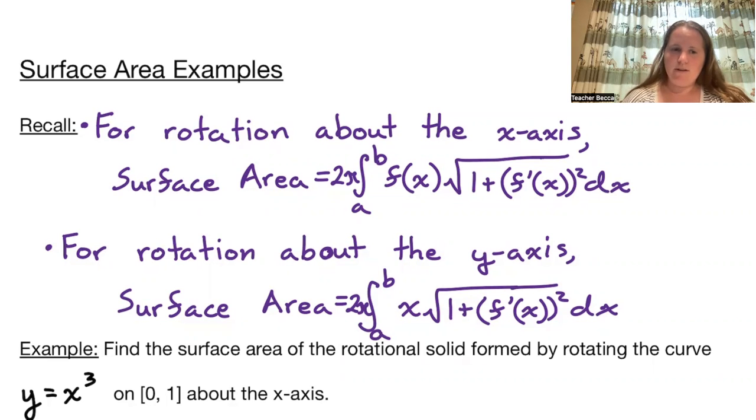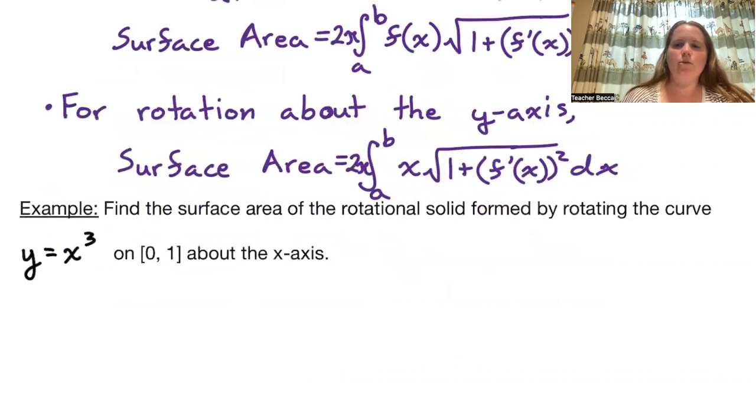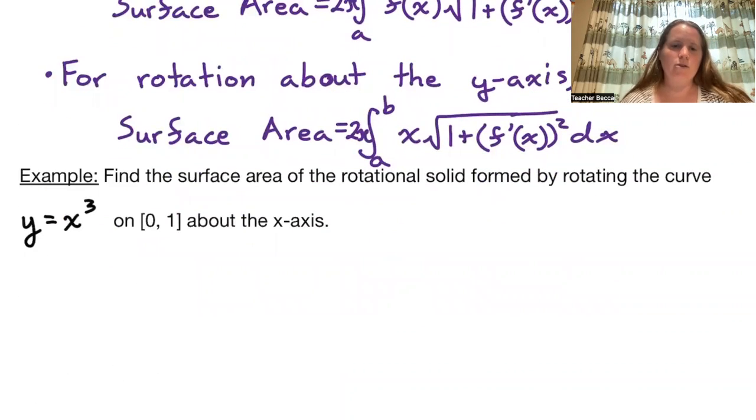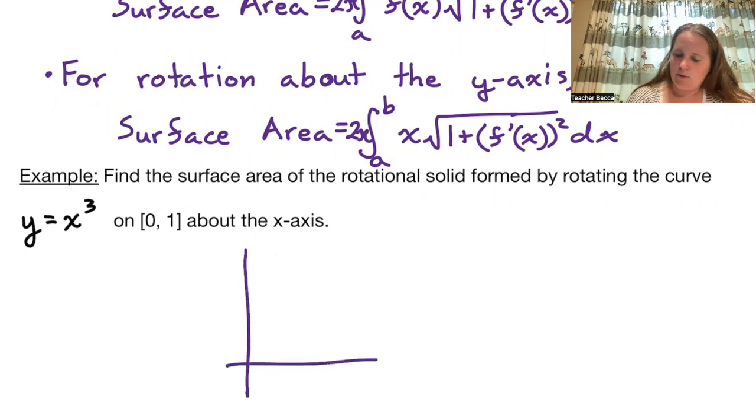So in our first example, let's find the surface area of the rotational solid formed by rotating the curve y equals x cubed on 0, 1 about the x-axis. So again, here we are looking at the curve y equals x cubed.